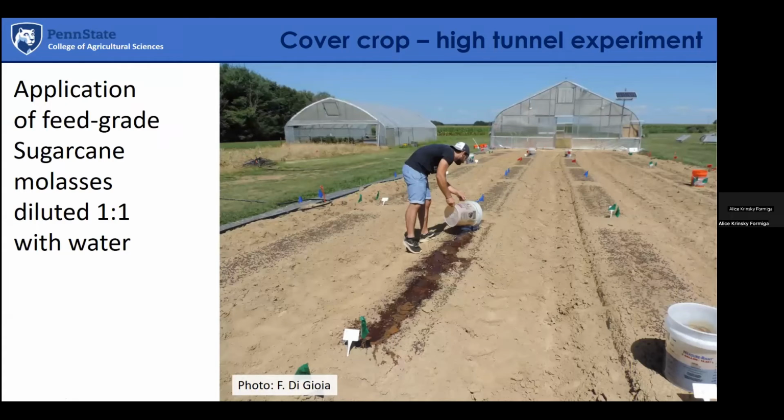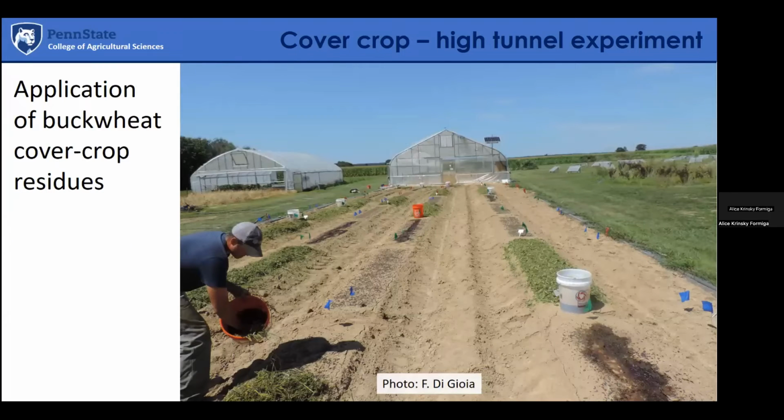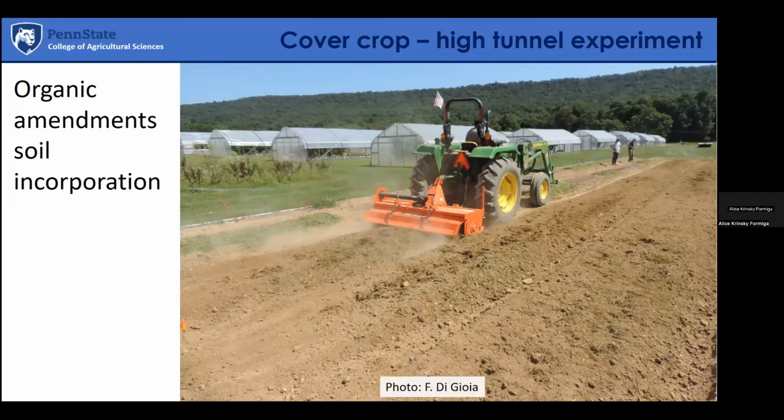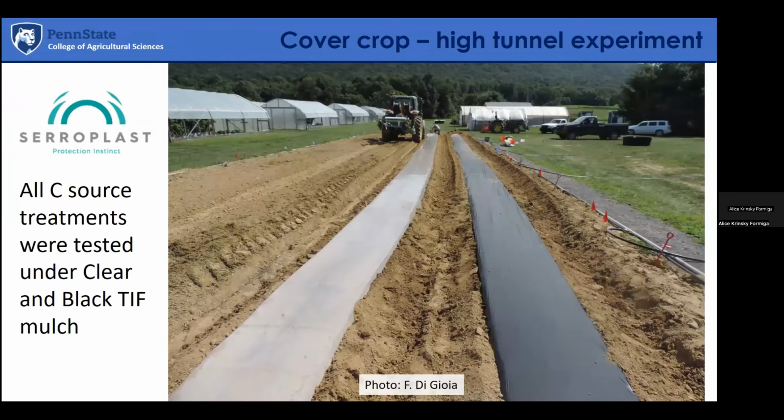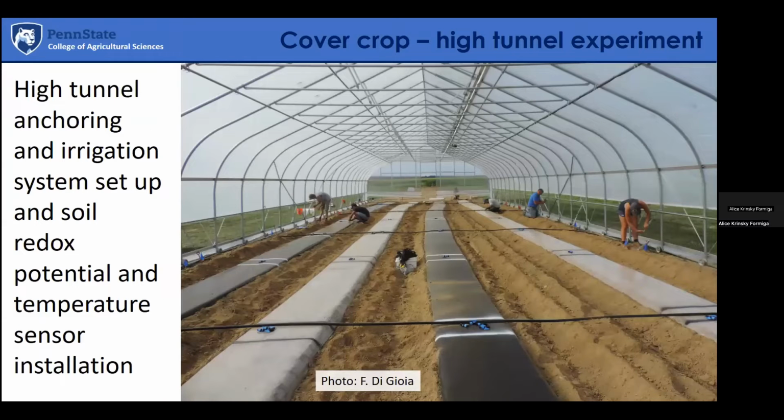This is a movable high tunnel structure. You can see here the application of molasses diluted 1-to-1 with water, and then how we applied the cover crop residues on top. Now, we don't get the full benefit of a cover crop here, but we were just testing the impact of the material, the buckwheat, as a carbon source. So everything was incorporated in the soil, and then we used the clear and black TIF film.